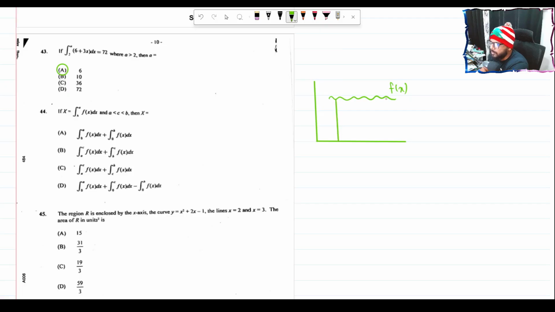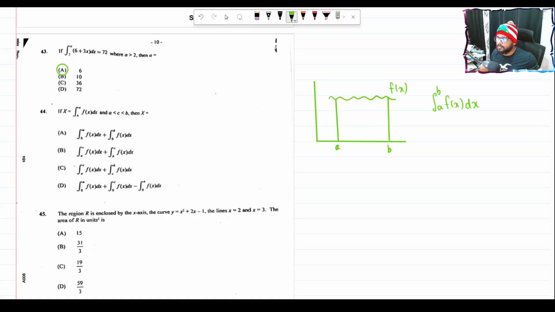And I have my two limits, and the two limits are b and a. I can say that this shaded region here, the area of that shaded region, is the integral between b and a of f of x dx.